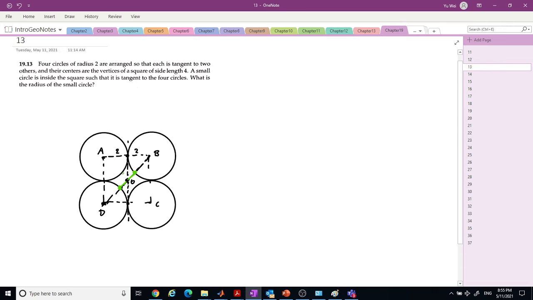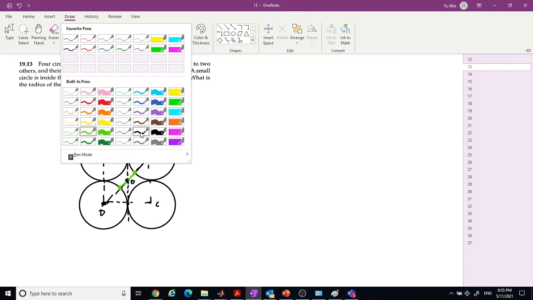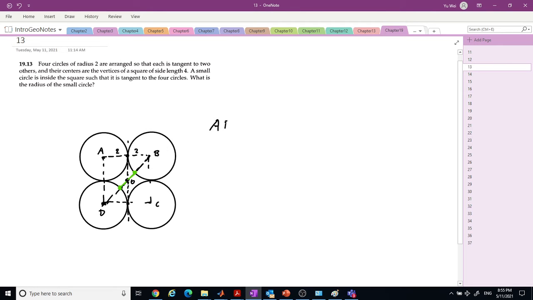Let's say this radius is x. Now we can set up an equation: AB is equal to 2x plus 2 times 2. So AB, which is 4 root 2, equals 2x plus 4. Then x equals 2 root 2 minus 2.